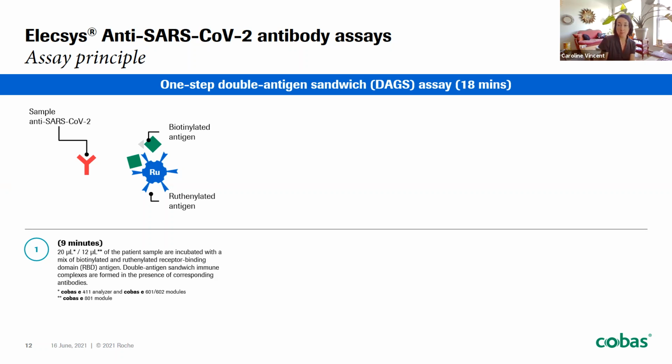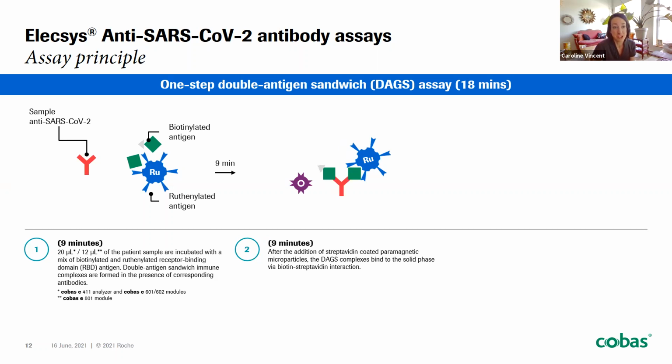Then we have these immune complexes, or double antigen sandwiches, whereby the antibody is attached to two antigens. These complexes will be formed, of course, if the corresponding antibodies are present in the patient sample. Then we add streptavidin-coated microparticles, shown in purple here in the figure, and these will bind to the immune complex via the biotin-streptavidin interaction, as one of the two antigens is labeled with biotin.